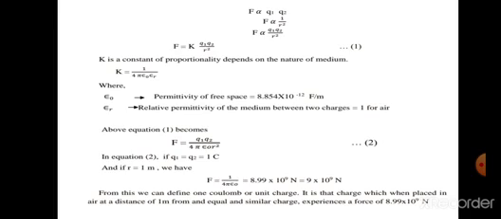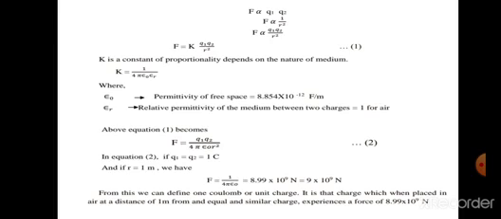It depends on which medium you are placing the charges in, whether they are in air or you have placed them in water. It depends on the medium, that constant k, and the value of k is 1 upon 4 pi epsilon naught epsilon r, where epsilon naught is the permittivity of free space and it is a constant.